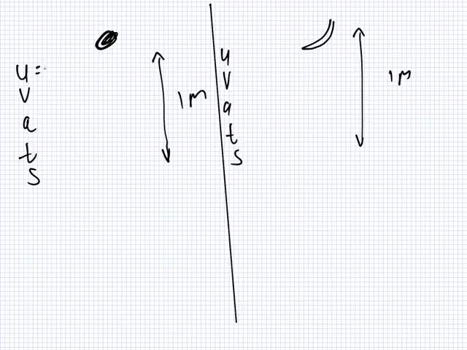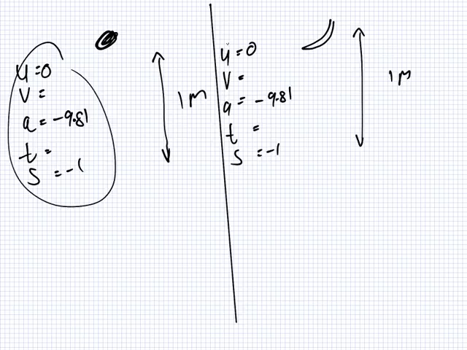So U is 0, and here U is 0. The V we don't know. A is minus 9.81, and here we think A is also minus 9.81. The T we don't know. S is minus 1 for both. Because the information is the same, we calculate the time as being the same.